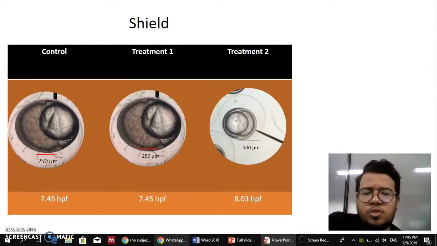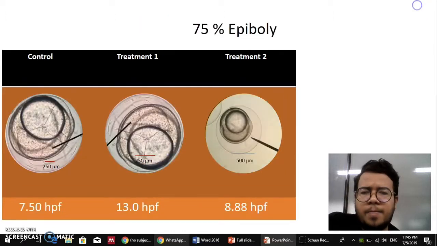For shield, treatment 2 took quite a time to go to this stage, while control and treatment 1 have the same time. For 75% epiboly, we can see that treatment 1 has the longest time for HPF to go to this stage, while control and treatment 2 have quite an average time.